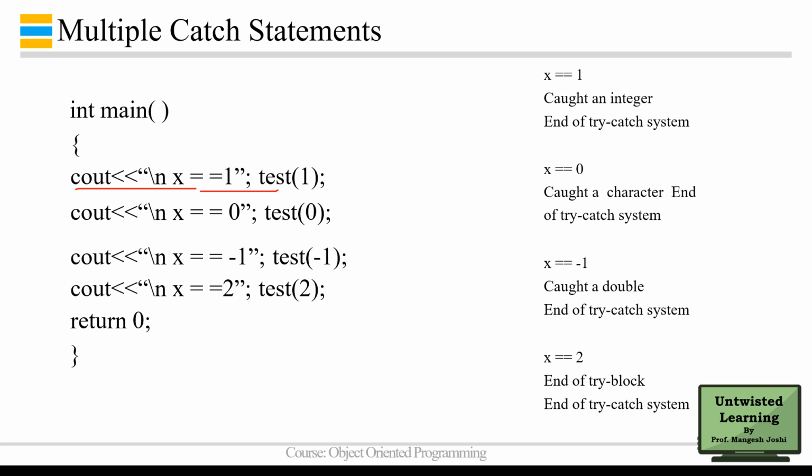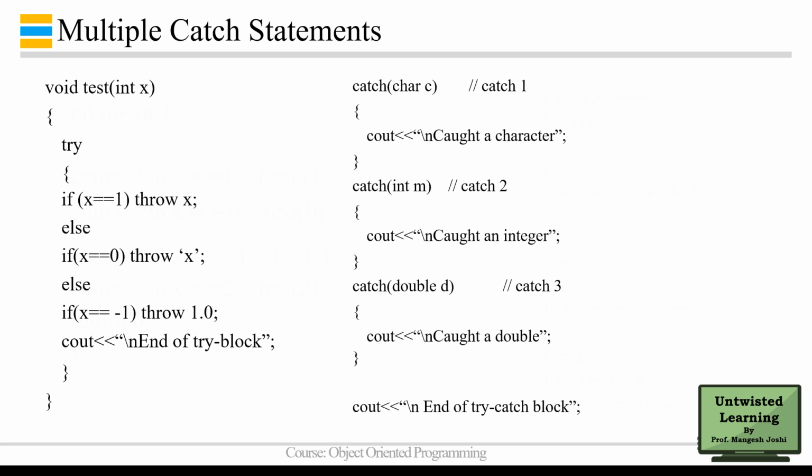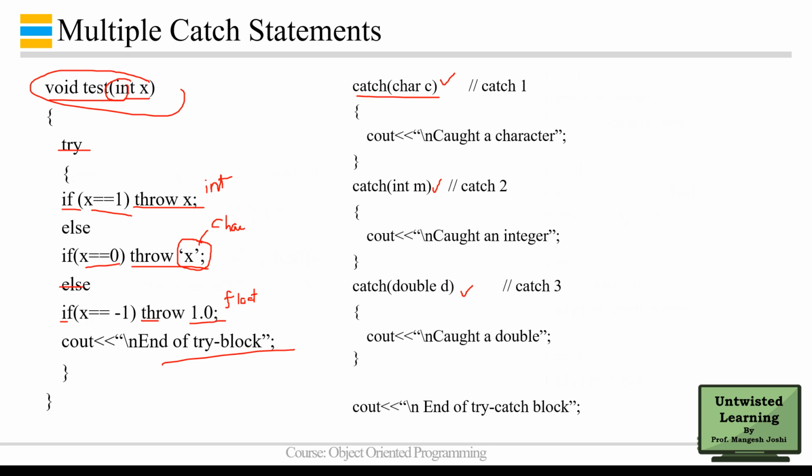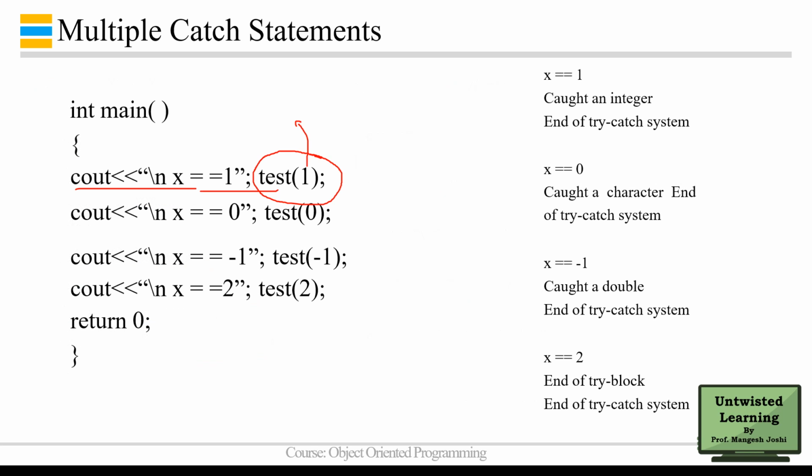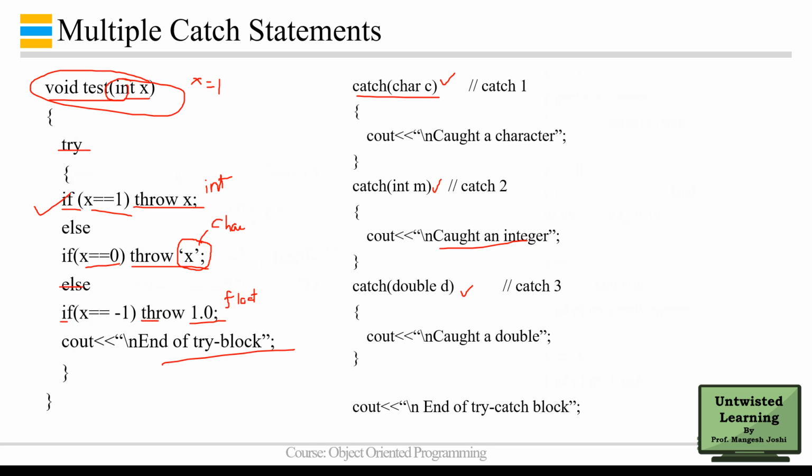So this will be printed and then you are passing 1 as an argument to this test function, right? So in the first case the value of x is 1. You can see that it will go here: if x compares with 1, throw x. So it will print caught an integer, okay? So you can see caught an integer and end of try catch. So this will be printed and this will be printed.